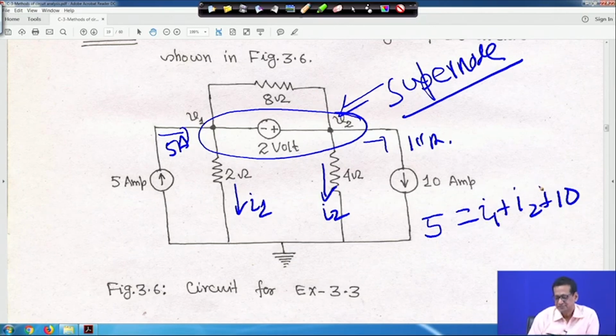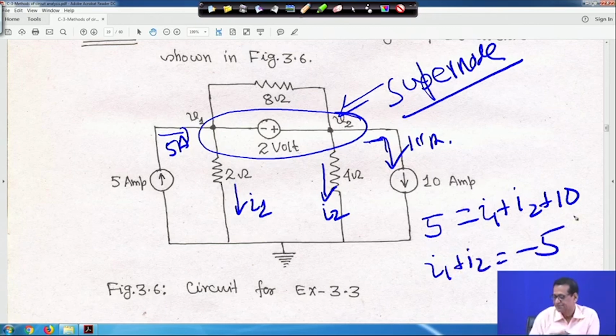The arrow is showing downwards for the 10 ampere source, so it is leaving, and this one is upwards, so it is entering. Therefore, I1 plus I2 is equal to minus 5.